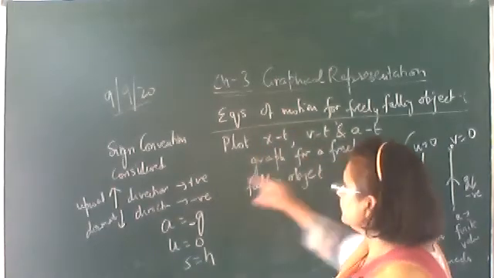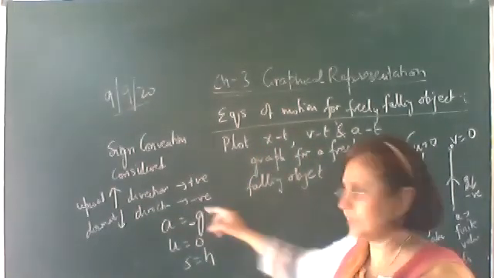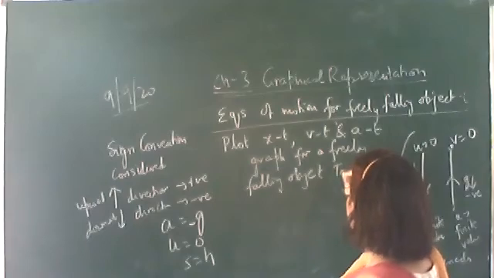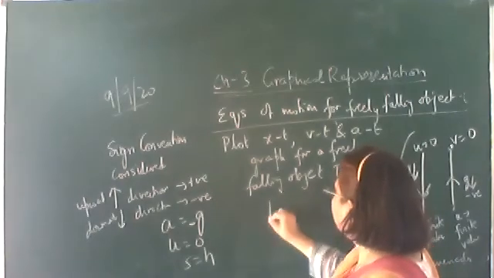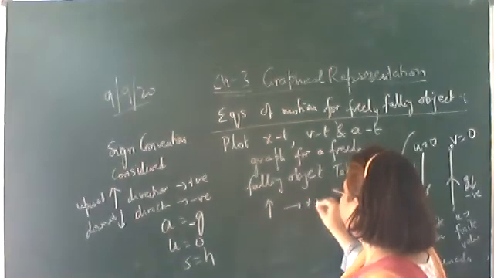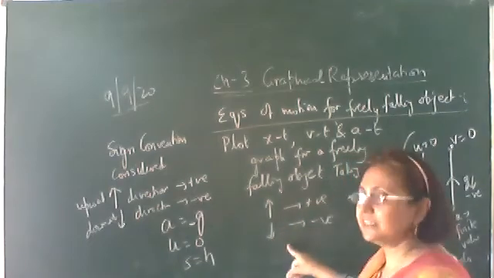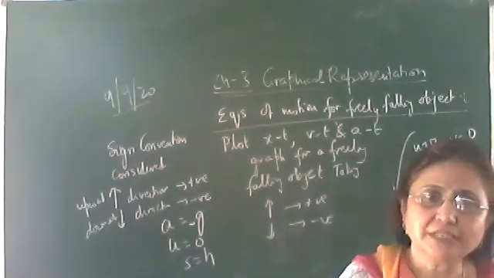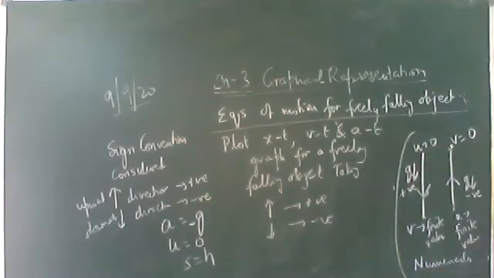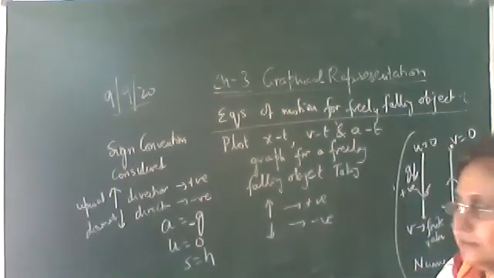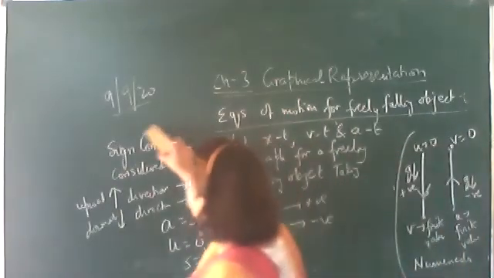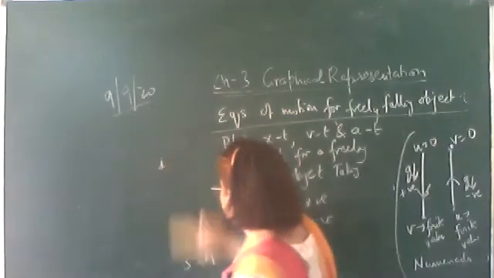Taking the sign convention as upward direction positive, downward direction negative, using this sign convention, plot the xt graph, vt graph and at graph for a freely falling object. Yes, hurry up, I give you 30 seconds.